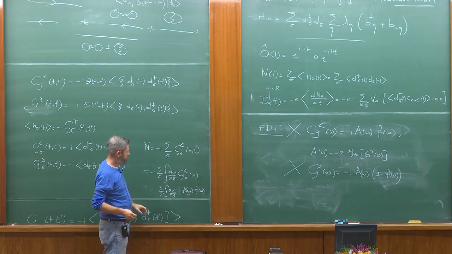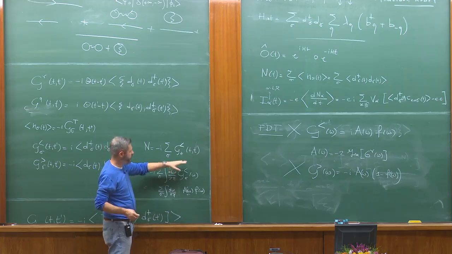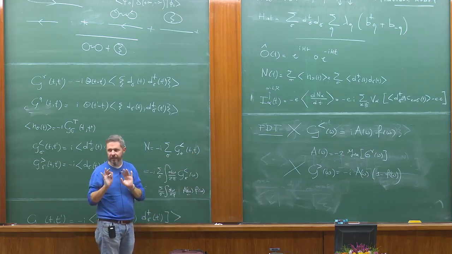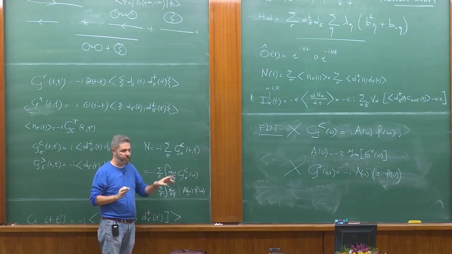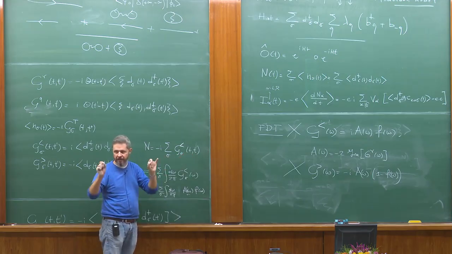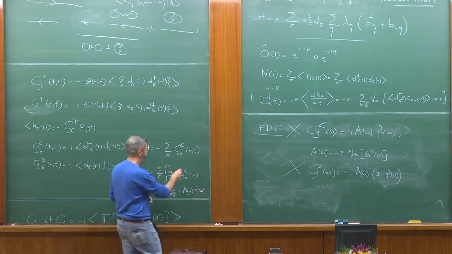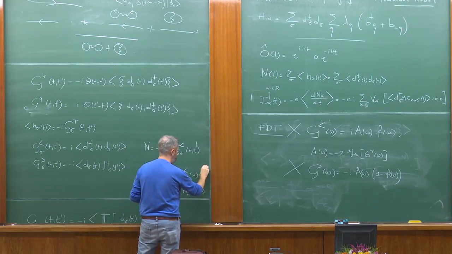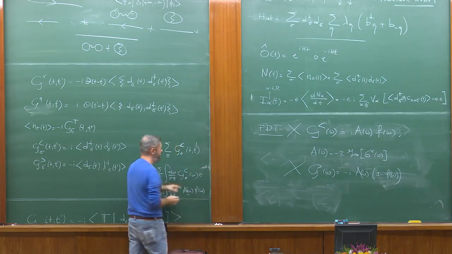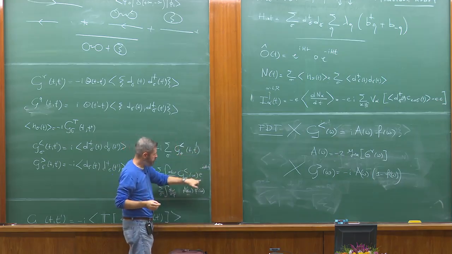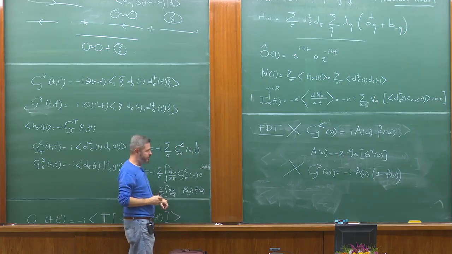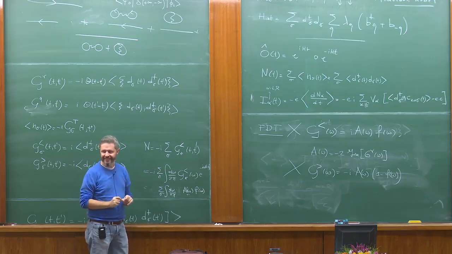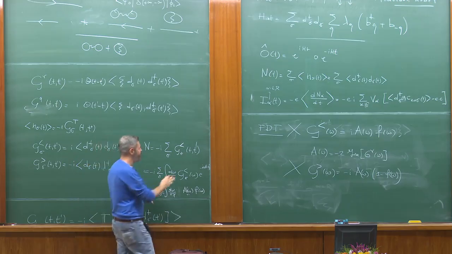But the second line does not depend on t, because it's equal times. I'm making the assumption that this Green function depends only on the time differences. Therefore, I take the Fourier transform. If this was t t prime, I would have e to the minus i omega (t minus t prime). And I'm taking t equal to t prime, and therefore this is gone. Okay? So I made ten passages in one. I hope it's clear.